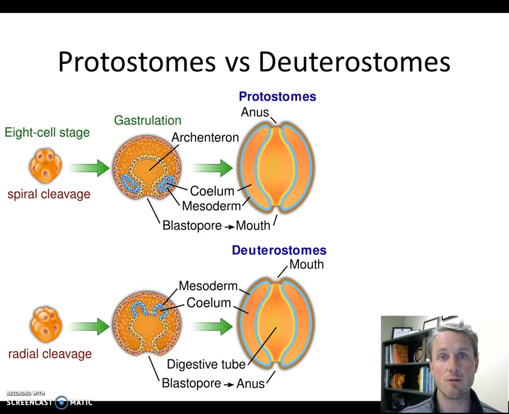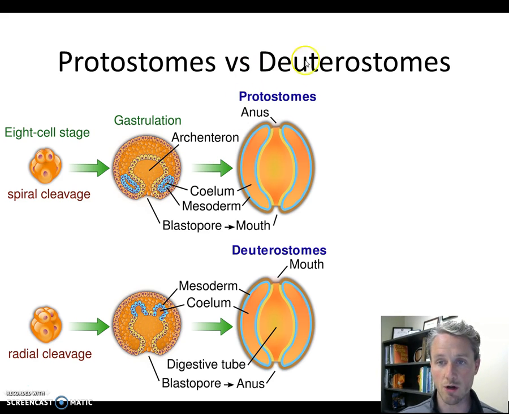And again, the blastopore forms one of those holes to access the digestive tract. So it can either form the mouth, or the blastopore can form the anus later in the animal's development. Again, protostome or deuterostome tells us which structure that blastopore hole forms.